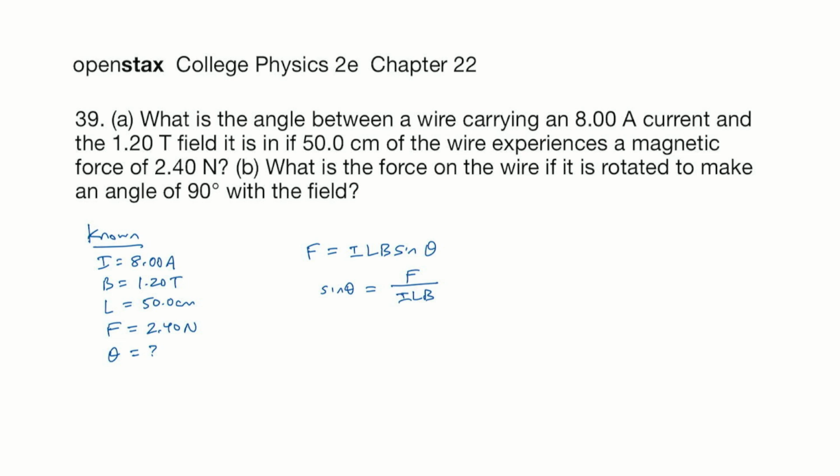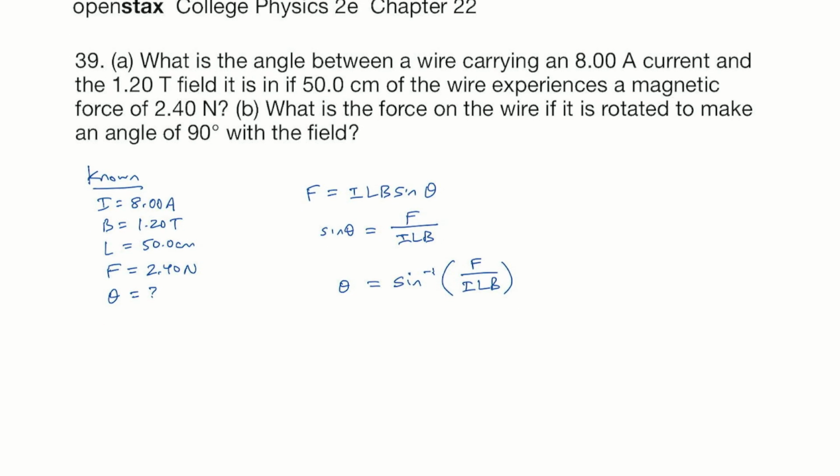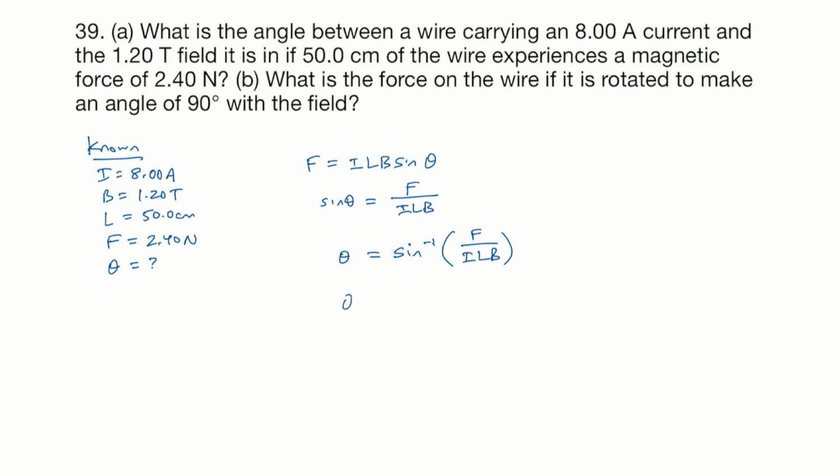Now all we need to do is take the sine inverse of both sides. That leaves us with theta equals sine inverse of F divided by ILB. And now we just need to plug in the numbers.